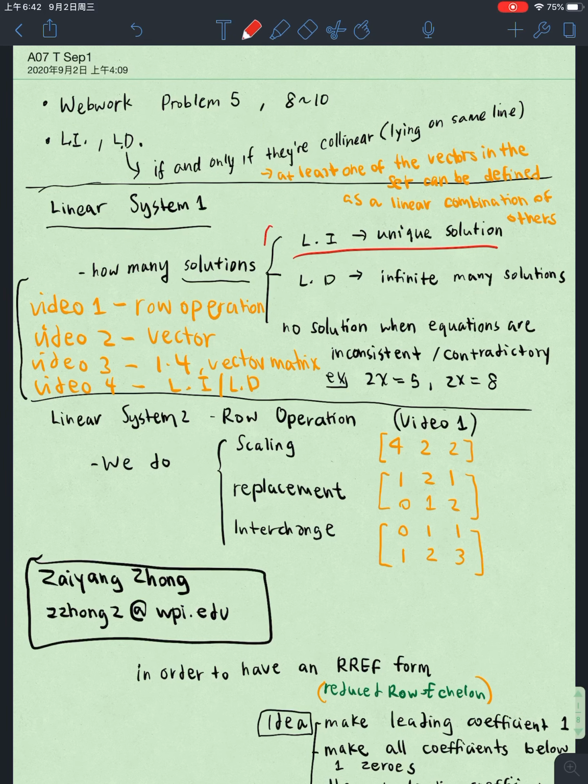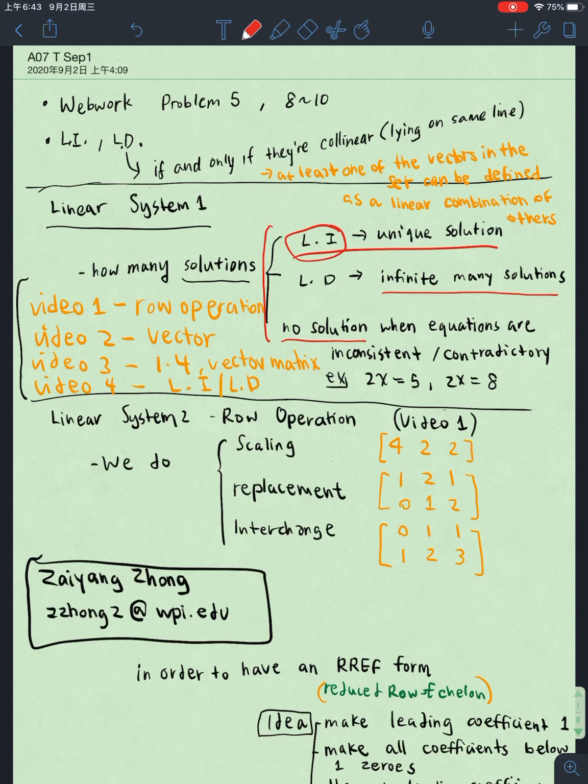So we can start here. They will give you a question, like a set of equations, and ask how many solutions there are for the variables. It can be either a unique solution, infinitely many solutions, or no solutions at all. When it's a unique solution, it will be linearly independent.